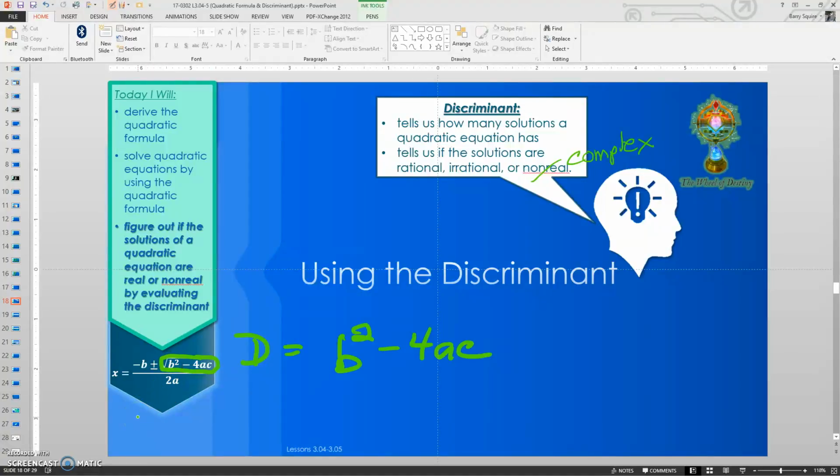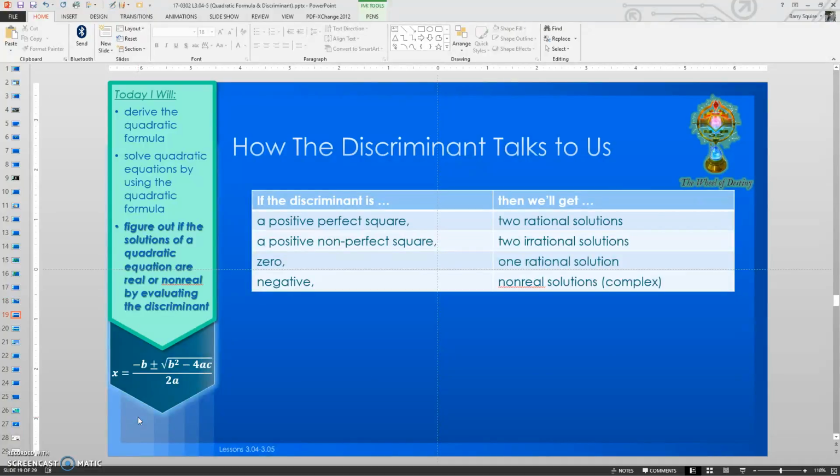If we have it a certain sign, then it means something. If we evaluate it to a certain type of value, it gives us something. So it's really pretty informational. So this is kind of how the discriminant talks to us.